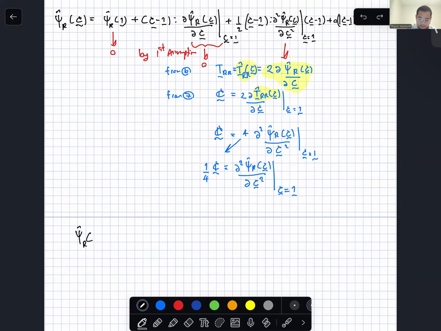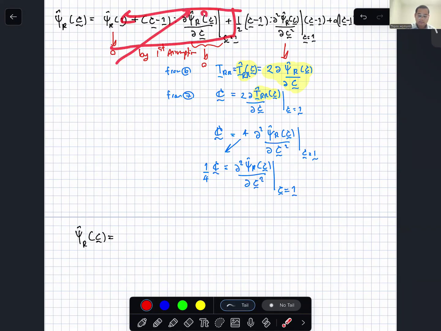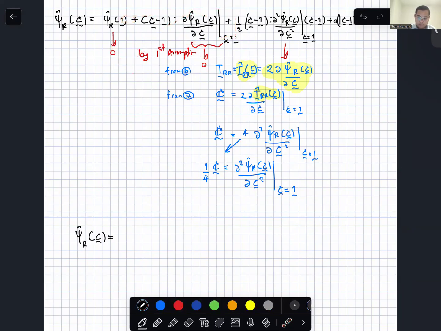So we can write the free energy function as equal to: the terms before the 1 over 2 here are just 0 by the first assumption. It leaves this one, which has 1 over 2, and we have 1 over 4, which is a scalar we can pull out.